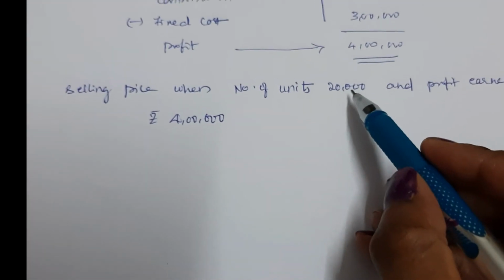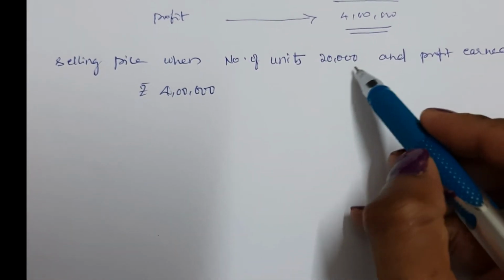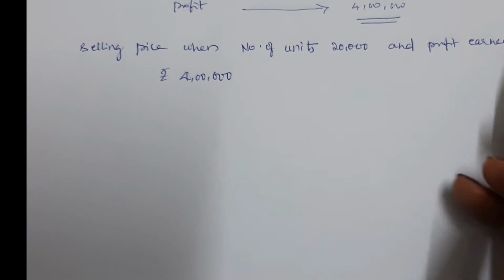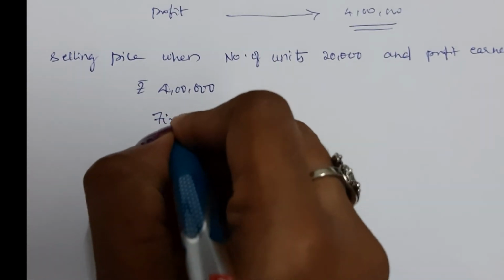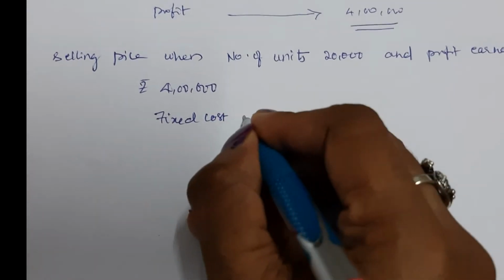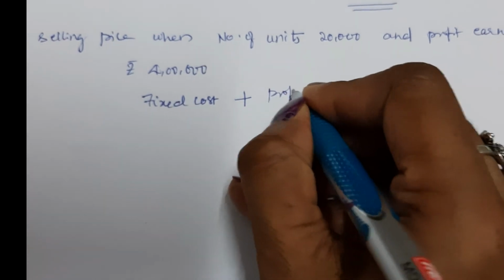So the sales which we are going to realize from the selling of these 20,000 units would need to recover fixed cost first, along with this, it should also earn a profit.